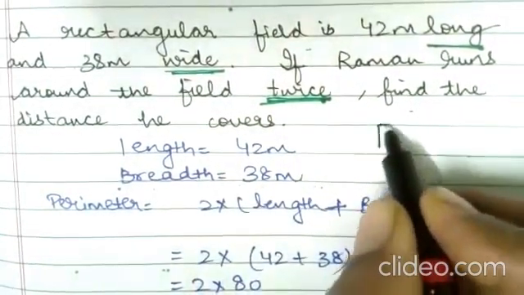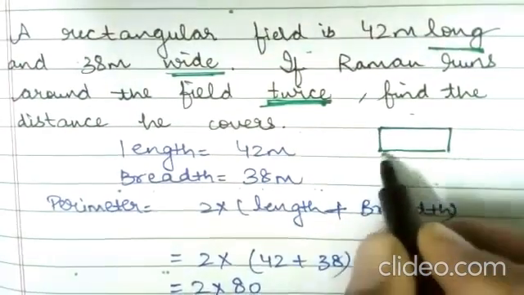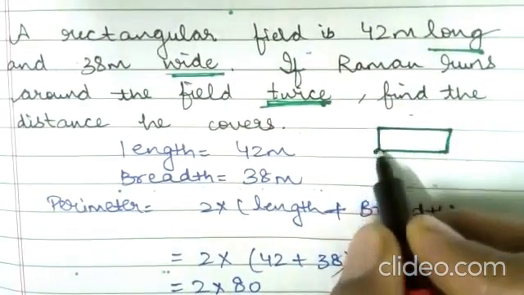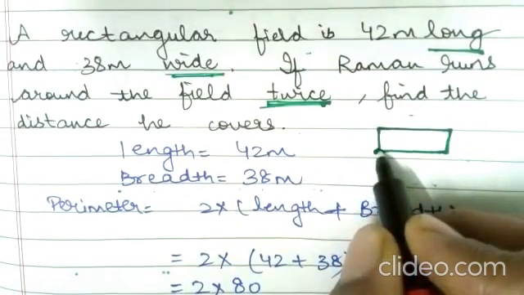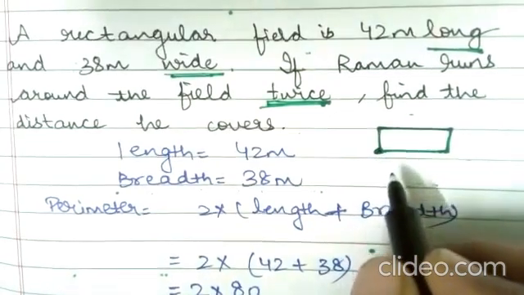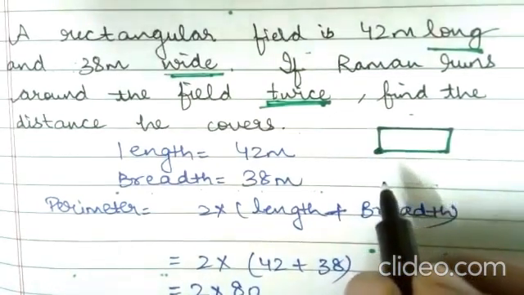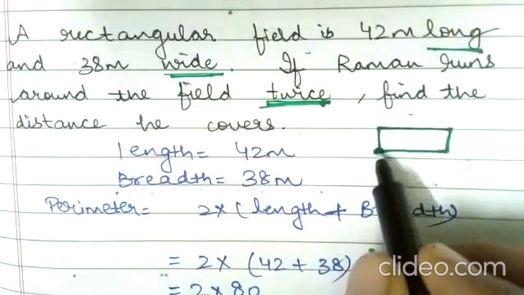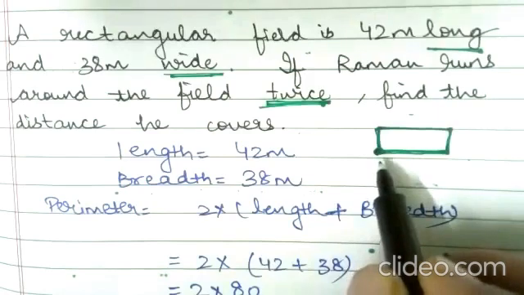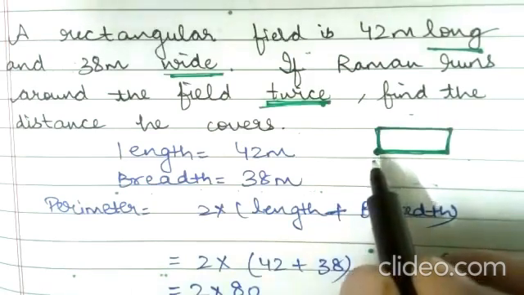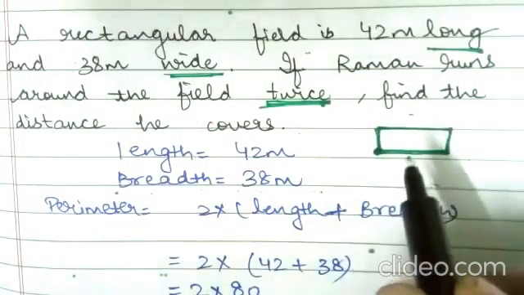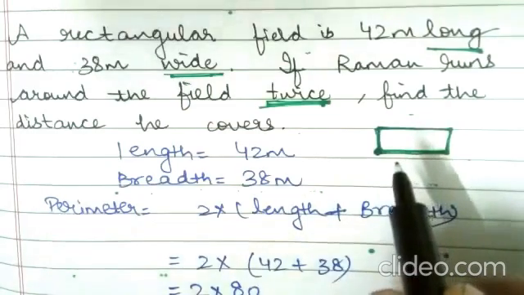Now see here, if I start from here and end at here, it completes my 1 round, which is equal to the perimeter. So if Raman is running around the field twice, first of all we will find the perimeter and then multiply it with 2.